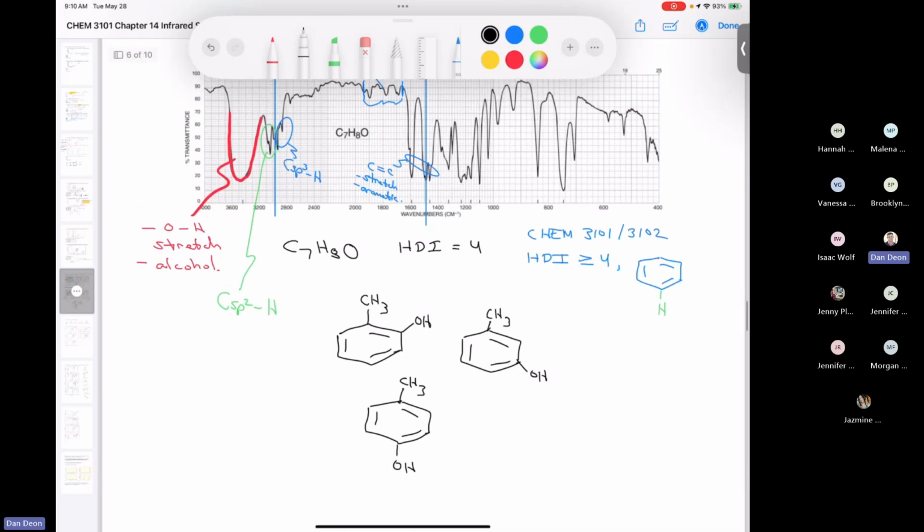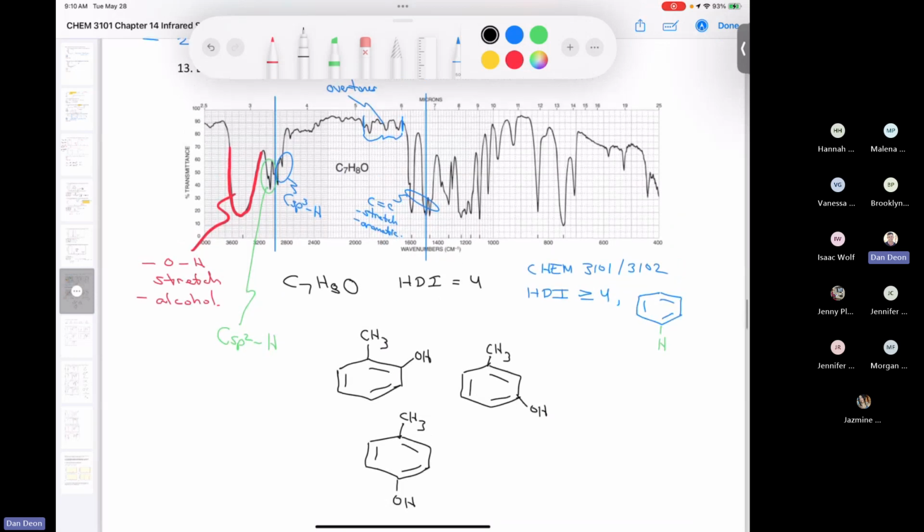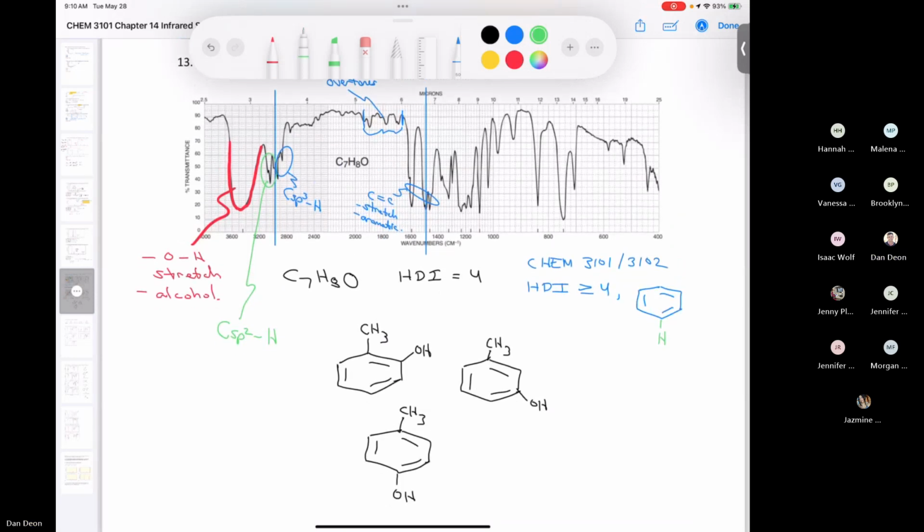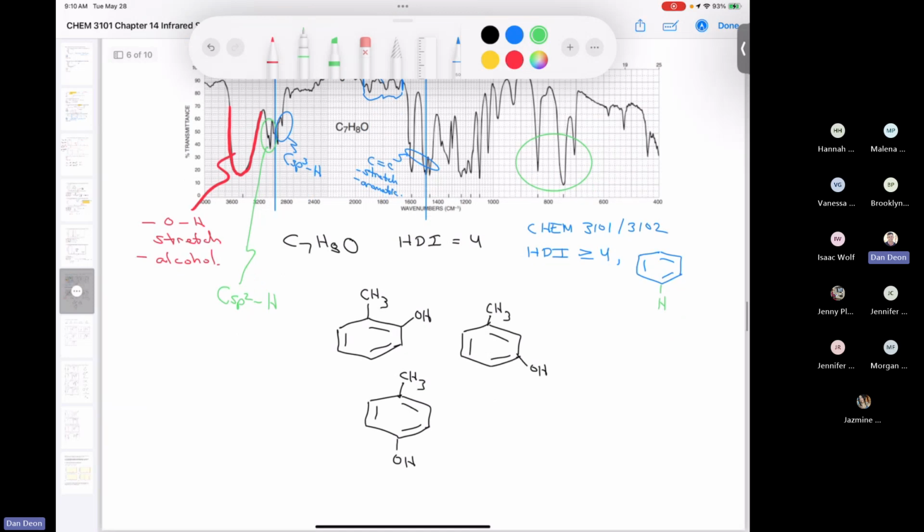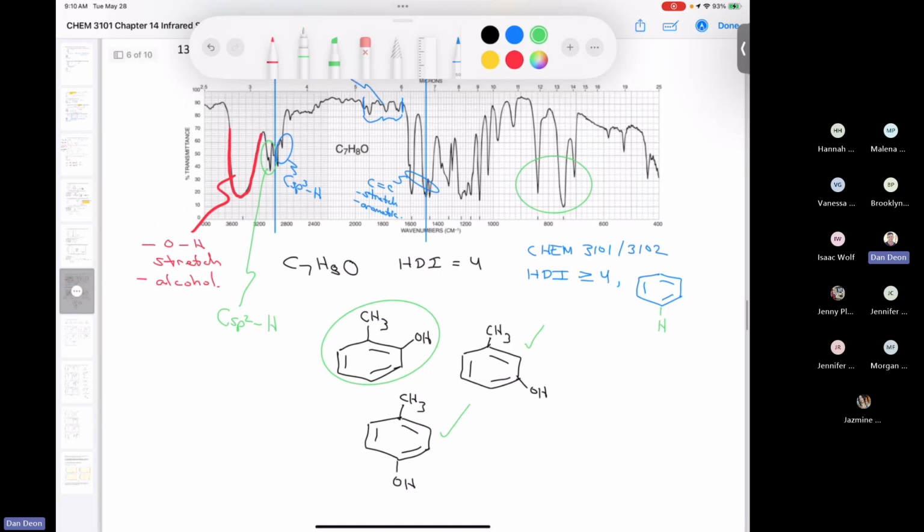Now, if you're wondering, can I distinguish between these 3 using the IR? The answer is yes. You can determine it using the fingerprint region. However, it's not covered in chapter 14. It's covered in chapter 17 in the textbook, so I'm not going to worry about it right now. So I would accept any of these structures, okay? The actual structure is this one here, but I would accept this one too. I would give it 100% if somebody put that on their quiz.